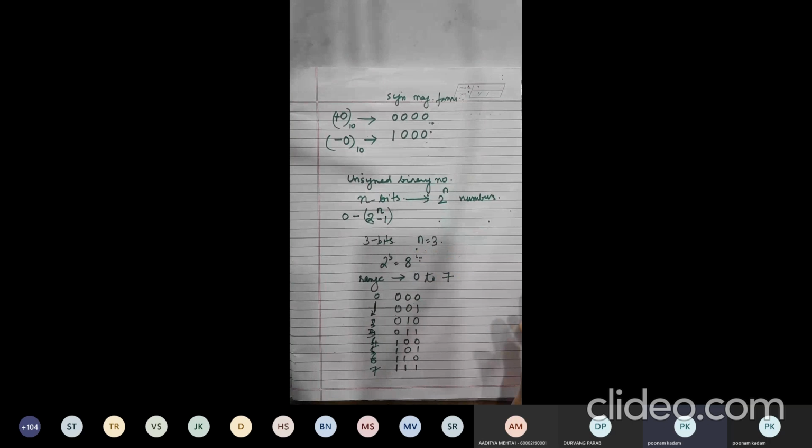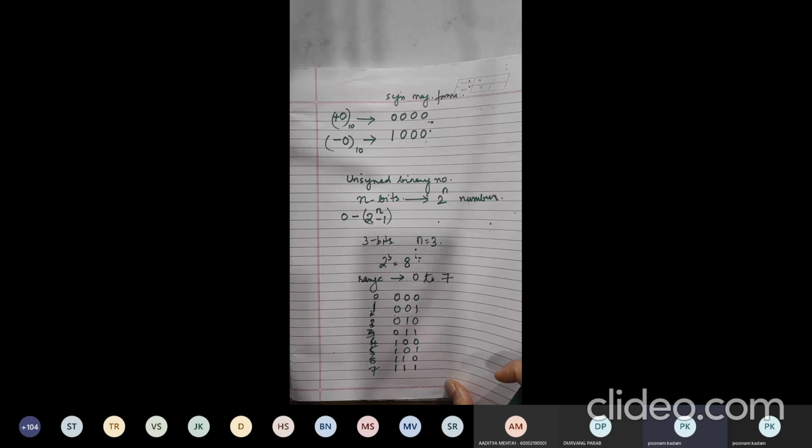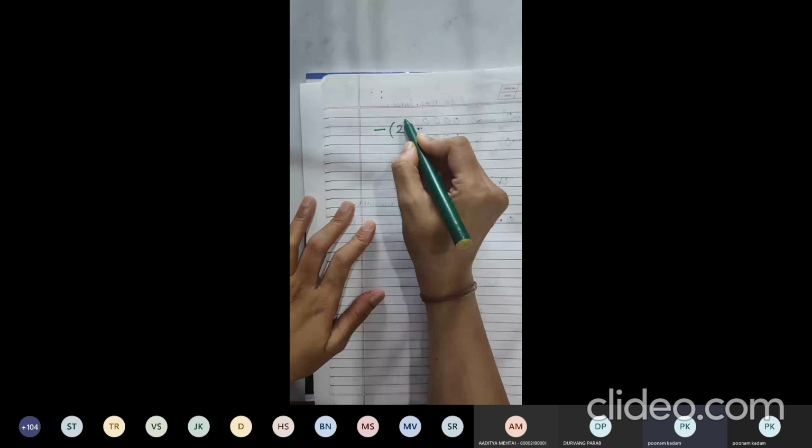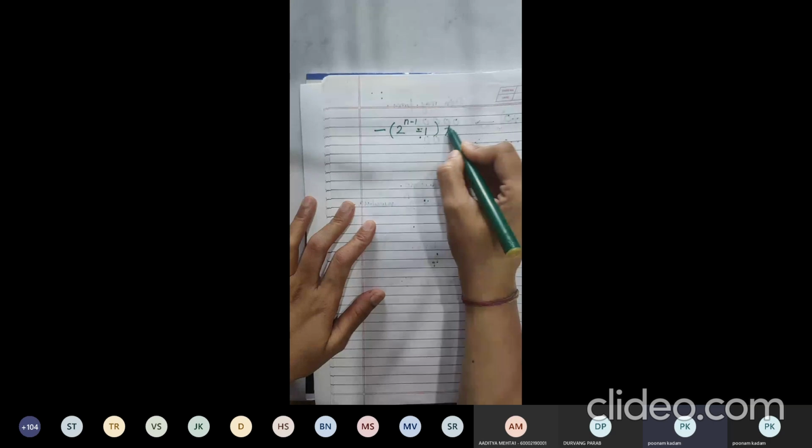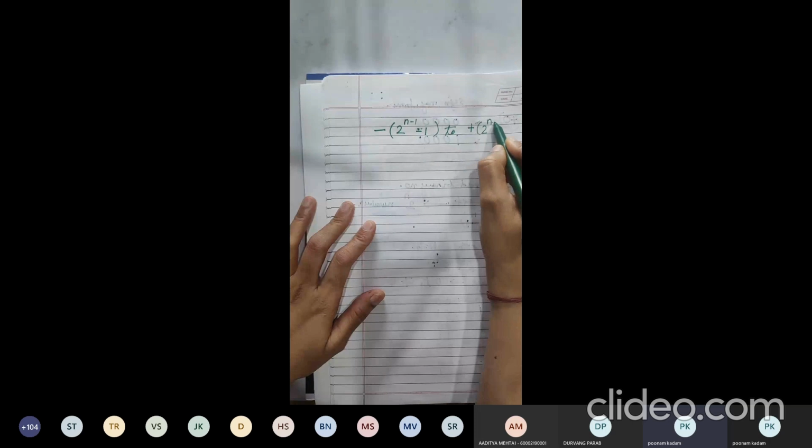So we have 1 bit less, right? So the range of numbers that can be represented using signed magnitude form will be from minus 2 raised to power n minus 1 minus 1 to plus 2 raised to power n minus 1 minus 1.